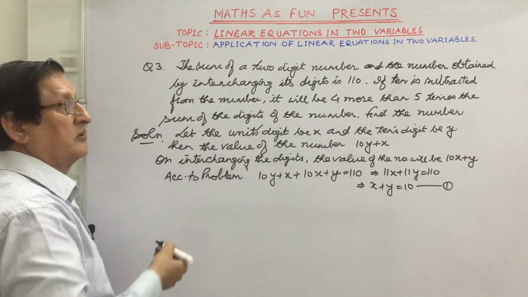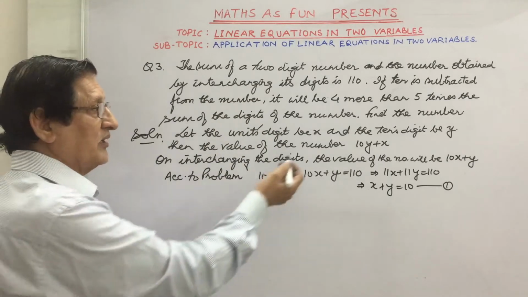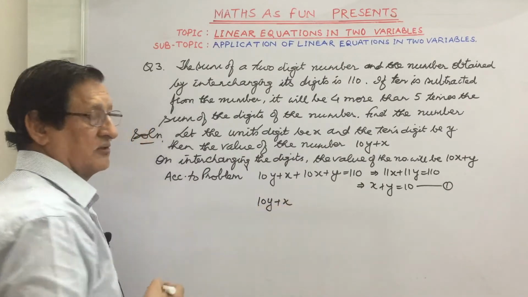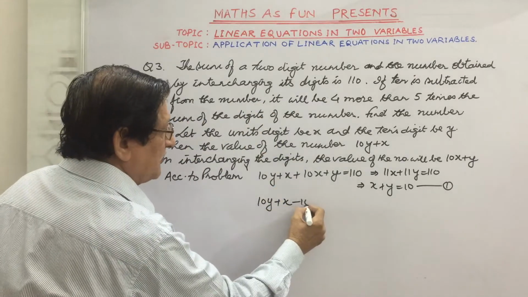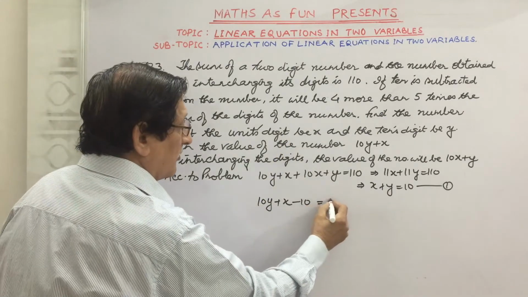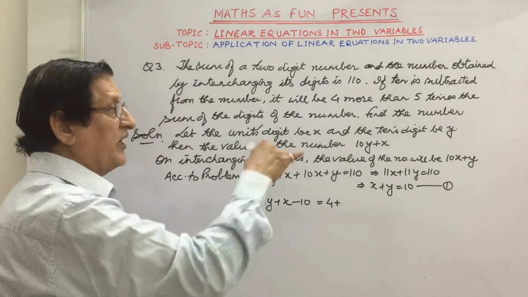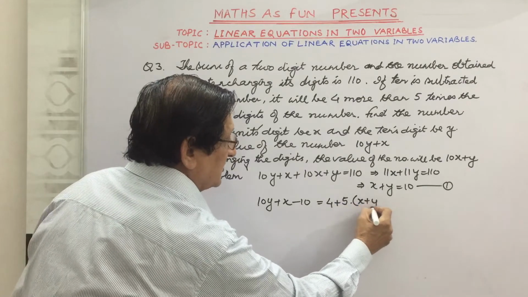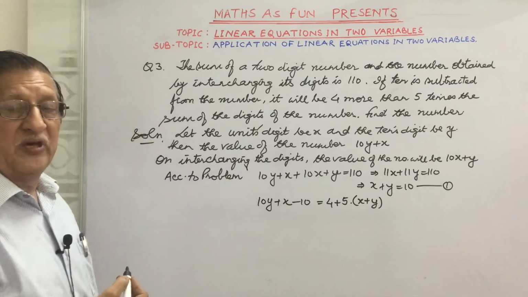Then according to the second condition, it is given if 10 is subtracted from the number. What is the number? Our number is 10y plus x. If we subtract 10 from it, means minus 10. Then the number is 4 more than, it means 4 plus 5 times the sum of the digits. 5 times the sum of the digits means 5 times x plus y. This is the way we make the equations.